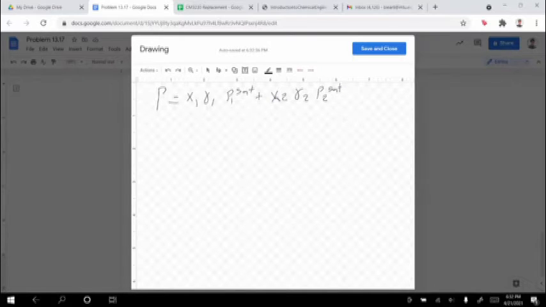So x1, as we were told earlier in the problem, is equal to 0.05. Let me just double check. Yep, 0.05.